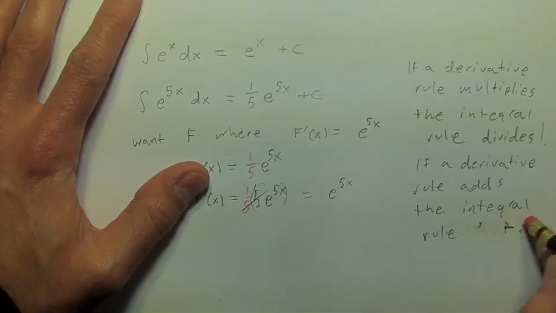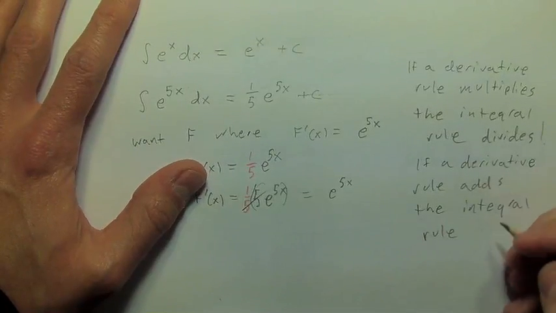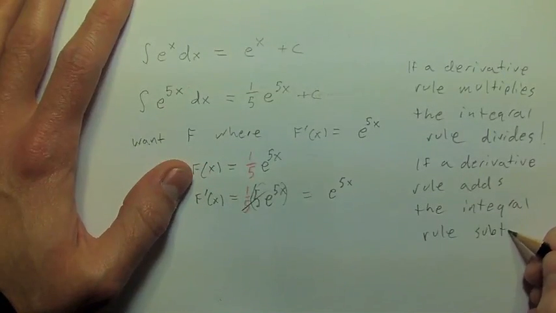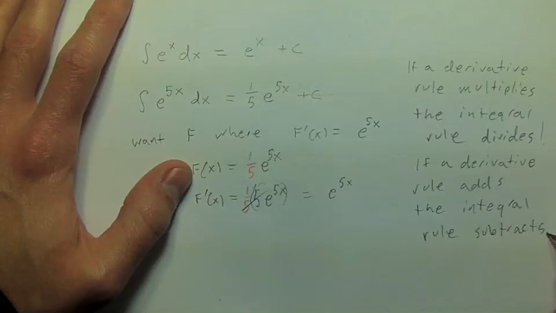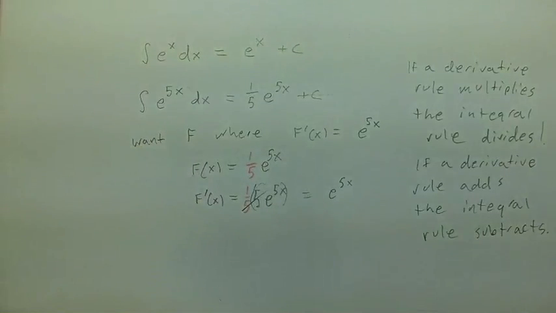Okay. All right, so anything a derivative rule does, the integral rule is going to do opposite. And this does come down to just thinking backwards.